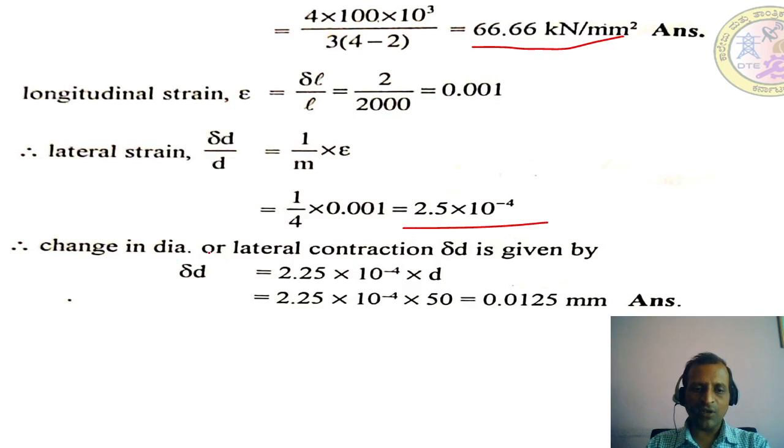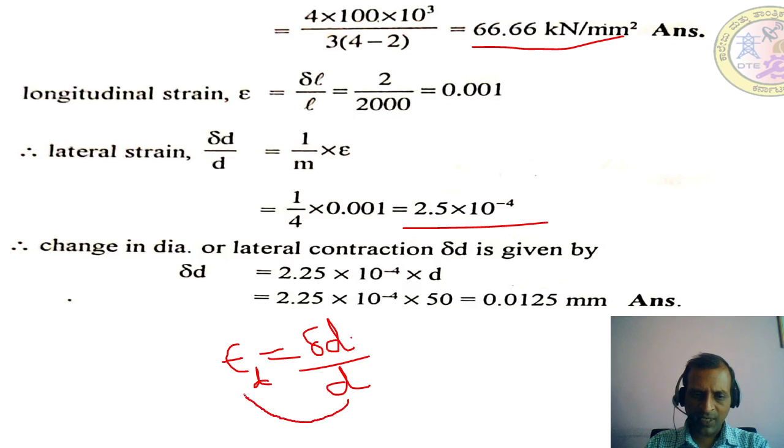Change in diameter or lateral contraction delta D is given by, how much? Epsilon D is equal to delta D divided by D. This was the formula. So now you need to find out delta D. If you want delta D, then multiply D with this.